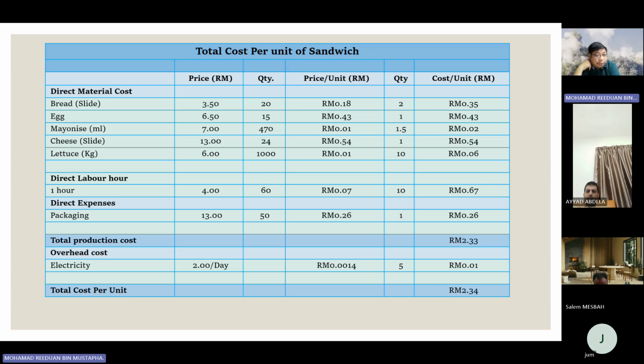So you need to calculate based on the total quantity, and then you can know the minimum requirement, because you have a fixed cost. This example did not show the fixed cost, but the fixed cost is the minimum amount that you need to cover in terms of the variable cost, which means maybe you need to sell at least about 20 sandwiches, then you can break even. Break even means you are neither at a loss nor at a profit.